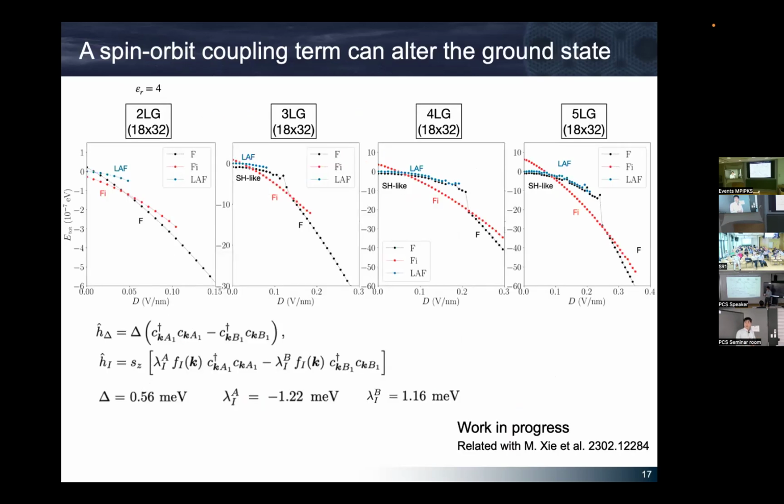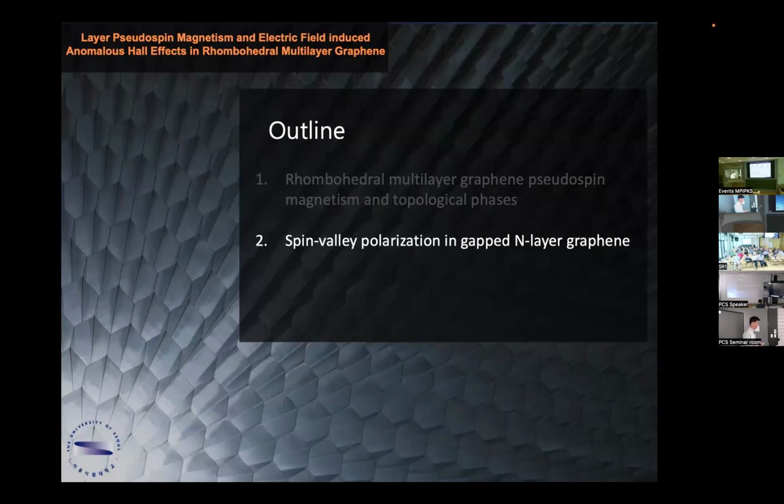Well, this is just work in progress. Some work has been done along this direction showing that the addition of a very small perturbation, such as spin orbit coupling terms, can completely change the ground state of the system, signaling that the ground states are very sensitive to external perturbations.